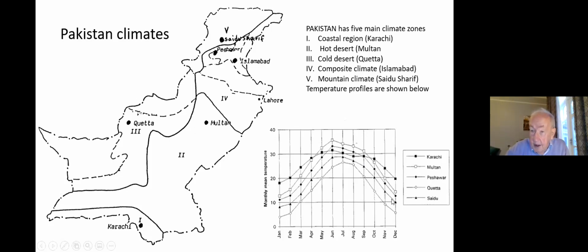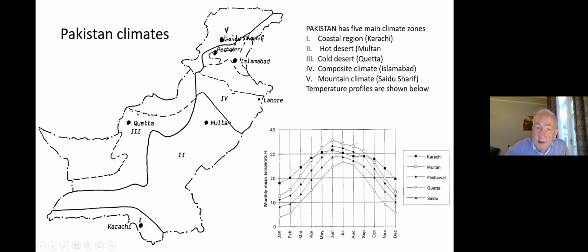Then Quetta, which still gets quite cool in the winter. Sorry, Quetta is this. I'm getting confused here. The hottest one, Multan, is this one, and then Peshawar, then Saidu Sharif.